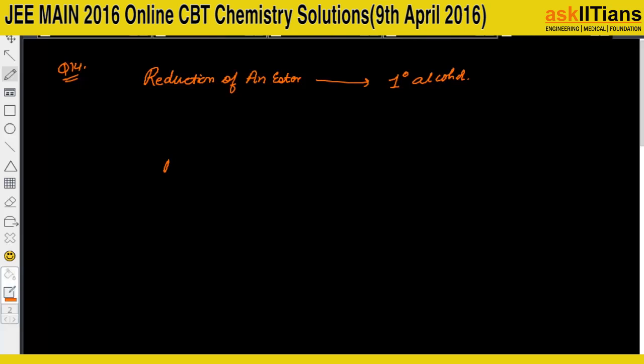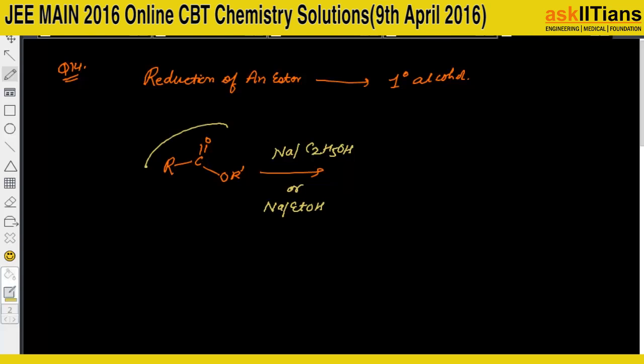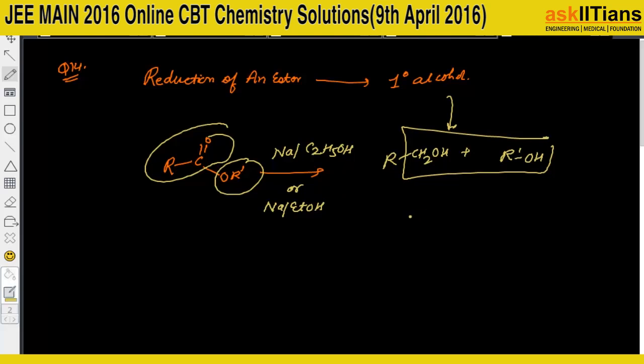So for example, if I have an ester, let's say RCOOR', and I try to reduce this ester in the presence of sodium and EtOH, or I can write C2H5OH, then this compound will get converted into RCH2OH. Also, this OR' group will get converted into R'OH. That means you will be getting two primary alcohols in this case. And this reduction reaction is named so by the name mentioned in the question. So this is known as Bouveault-Blanc reduction.